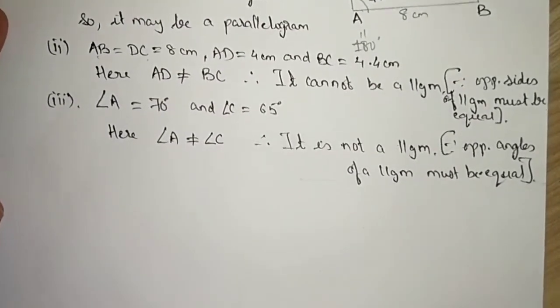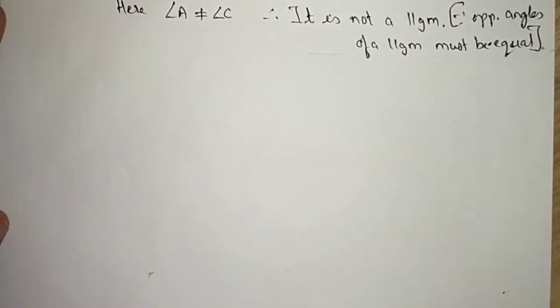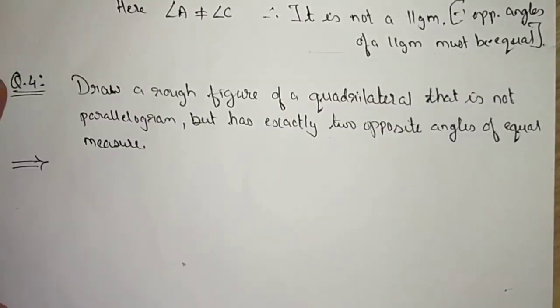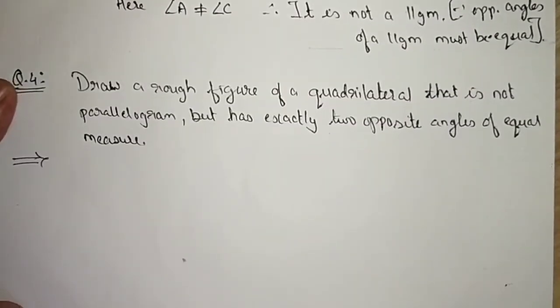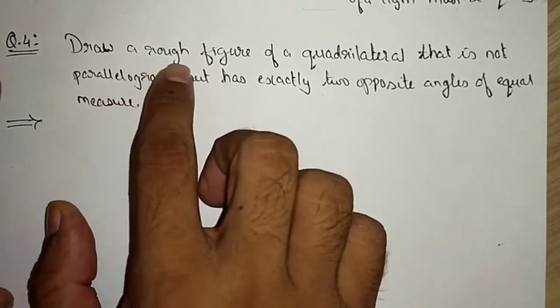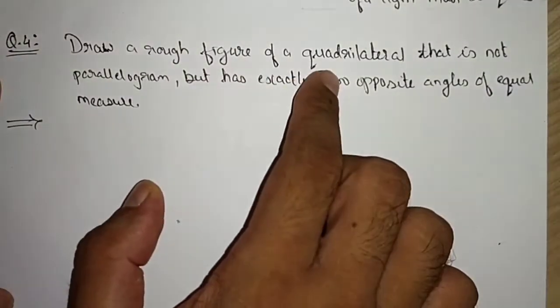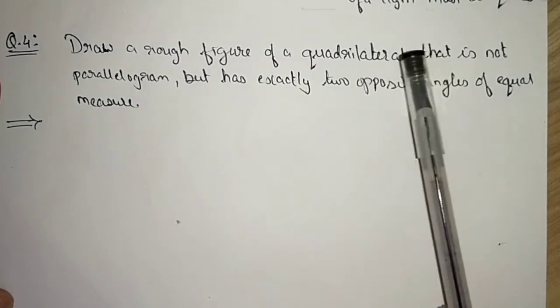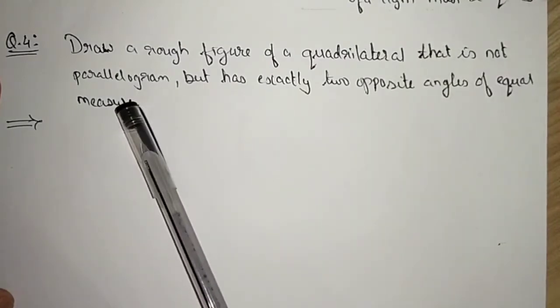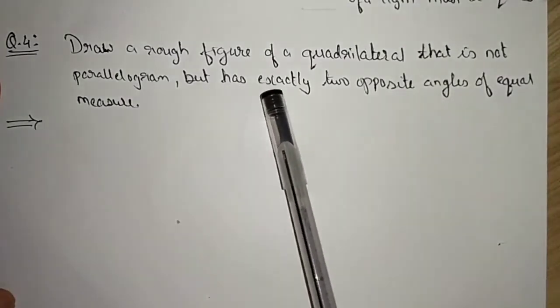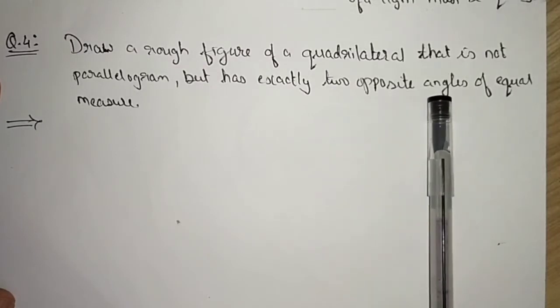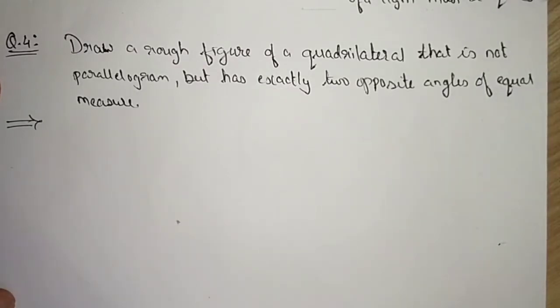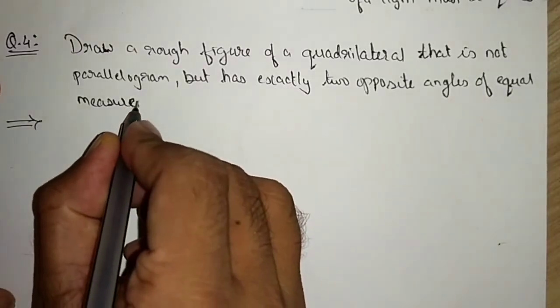Now moving to the fourth part. First let me write it down. I have written the question. Question 4 says, draw a rough figure of a quadrilateral that is not a parallelogram but has exactly two opposite angles of equal measures.